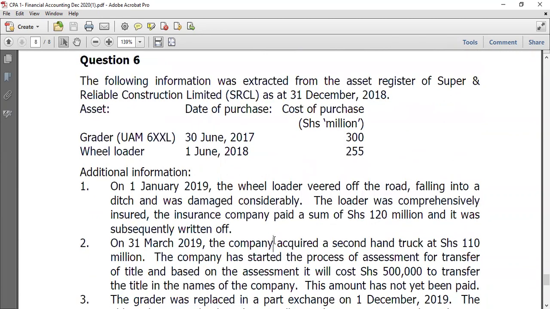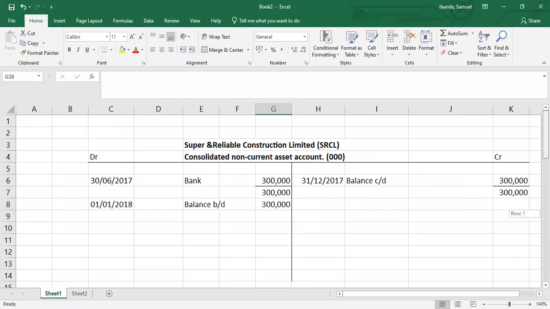So at the start of the year, nothing happened. Then along the way, we bought a wheel loader on 1st June 2018. So immediately I'll recognize the purchase of the wheel loader in my asset account and also the bank account. Remember, they told us that all transactions go through the bank.